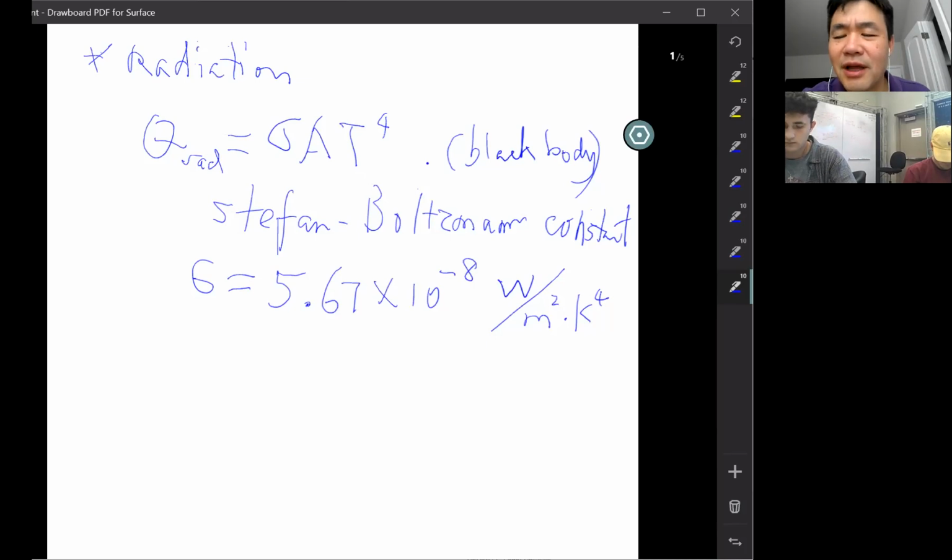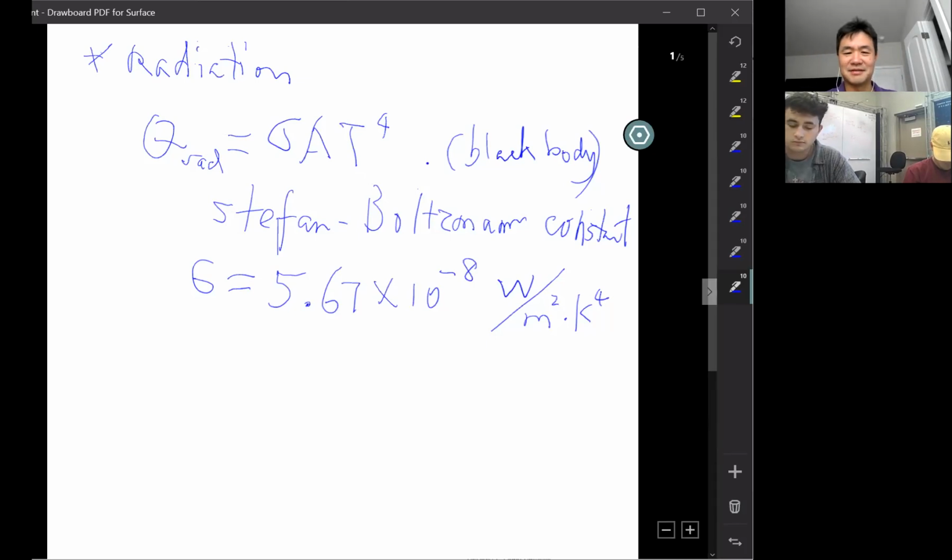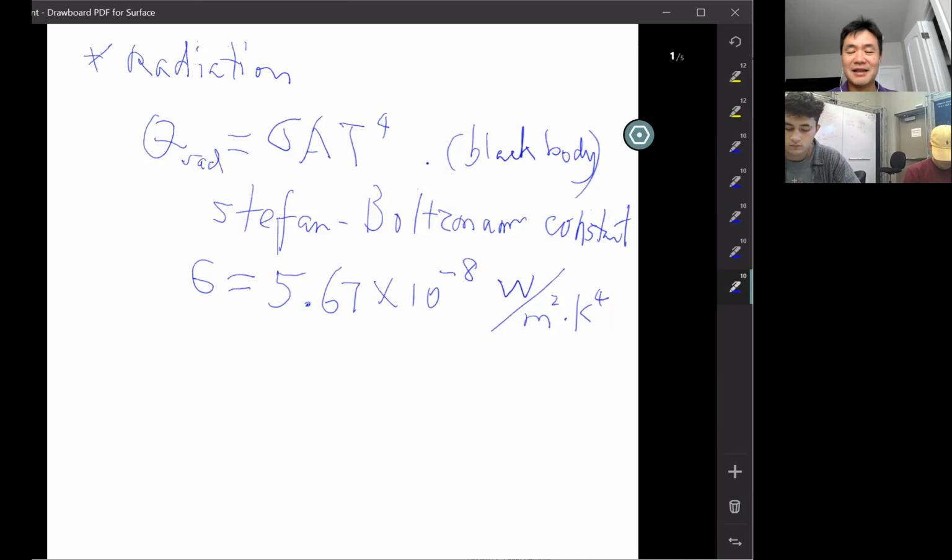I think we have 19 of you in the class now. I want all 19 of you to remember this: when you apply the radiation equation, it's Kelvin, not Celsius or Fahrenheit.